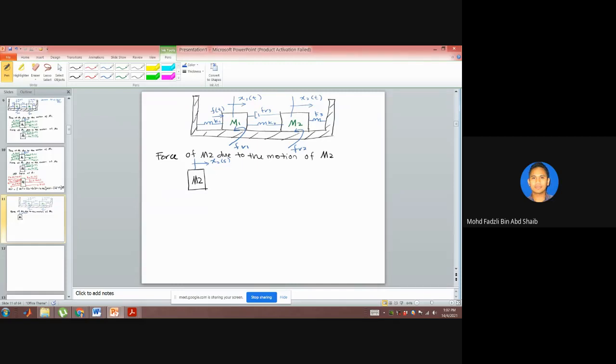Take a look at the M2. So it's supposed to be like this, right? This one is K3 times X2 s. Very good.